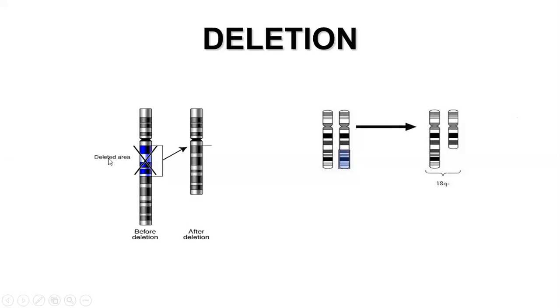This is called intercalary deletion. Whereas here, the terminal part of the chromosome is deleted. So, this deletion is called terminal deletion.